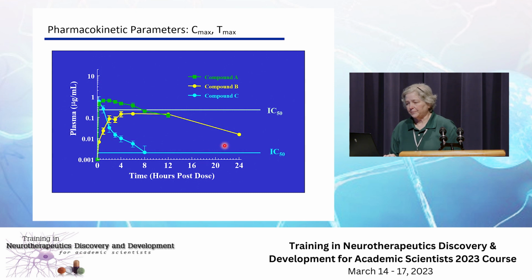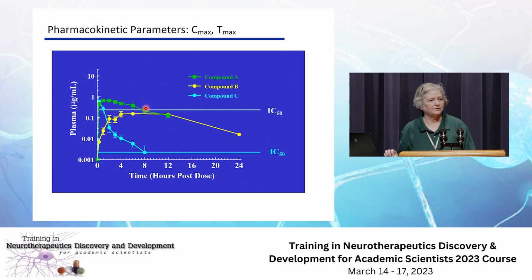What if I have a third compound, compound C, which is substantially more potent? Compound C has a pharmacokinetic profile that is providing concentrations way over the IC50 for a similar period of time as compound A. Is compound C better than compound A?